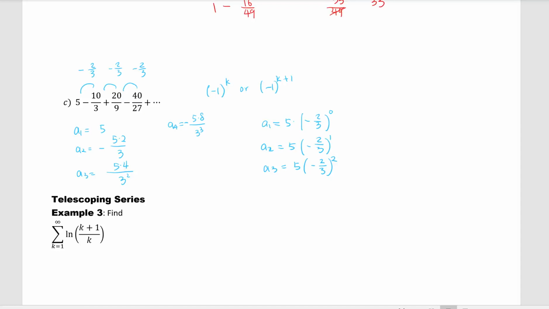So in general, A sub k equals 5 times negative 2 over 3 to the, if this is 3, then this is 2. If this is k, what is the exponent? k minus 1. So this series is the sum from k equals 1 to infinity of 5 times negative 2 over 3 to the k minus 1.